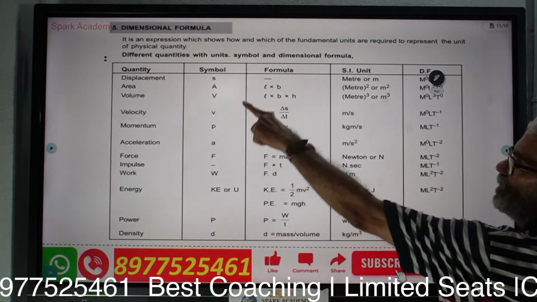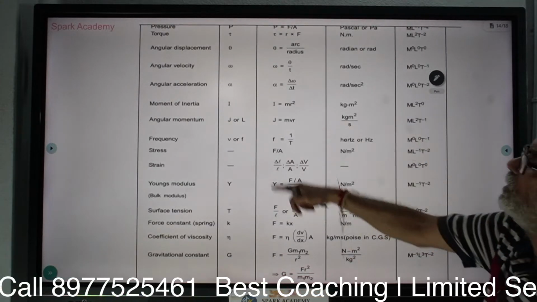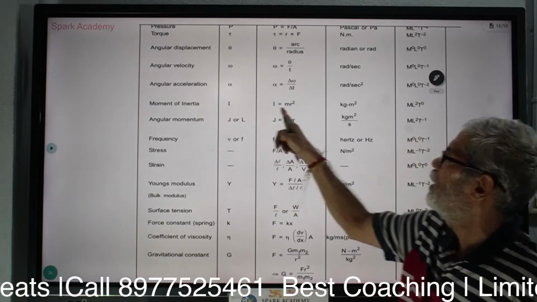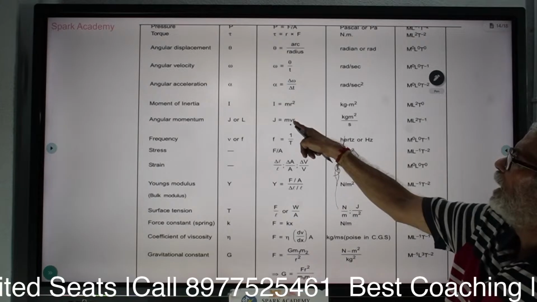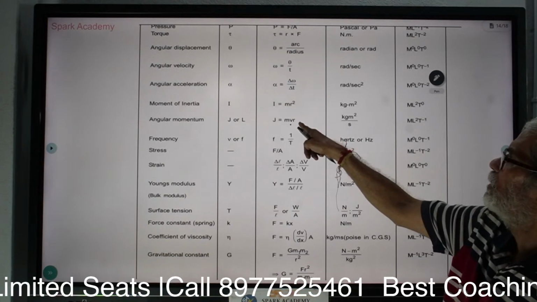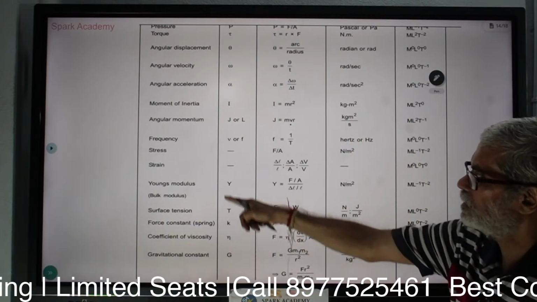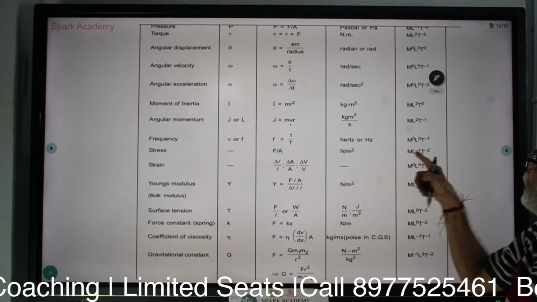Like that, several physical quantities and their dimensions. Also stress, strain, frequency, angular momentum. First you have to know the formula, MVR. So M, LT minus 1, into L. Okay, so this is the dimension. Like that, Young's modulus is stress by strain. So you put the formula and then you get the dimension.